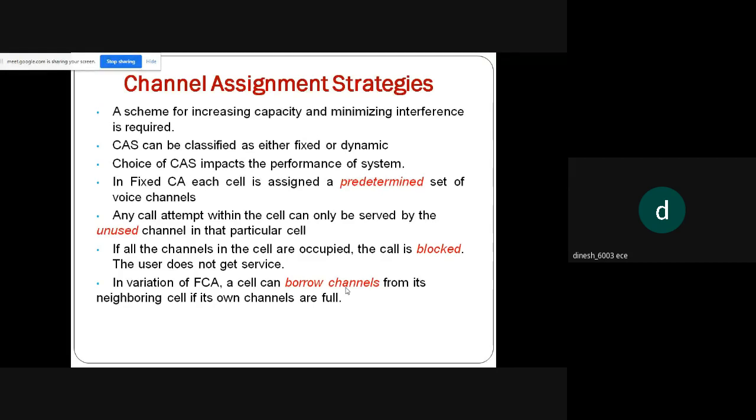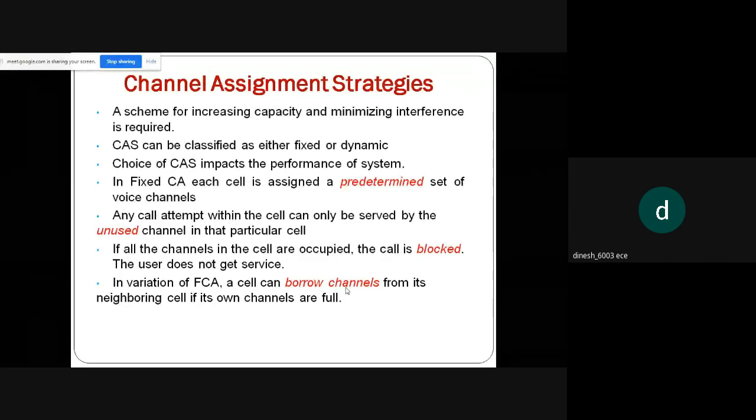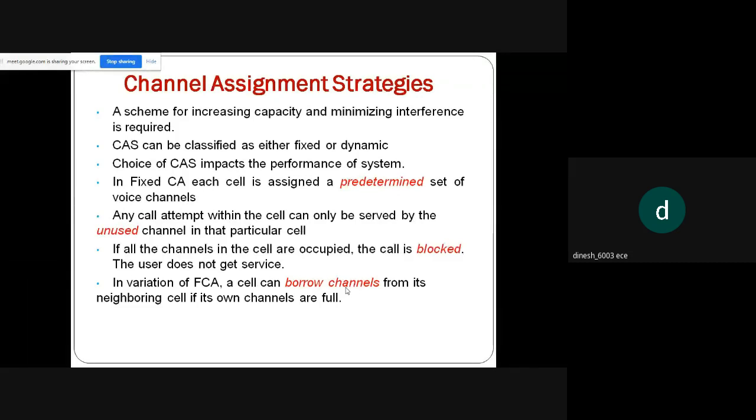Any call attempt within the cell can only be served by an unused channel in that particular cell. For example, if I have a cell A with 32 channels present at a time, 30 channels are being used, and a call is coming. Somebody is calling that fixed system. Channels 1 to 30 are being utilized, so channels 31 and 32 are free.